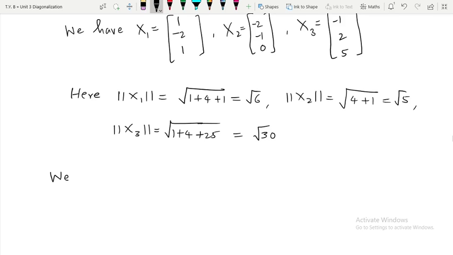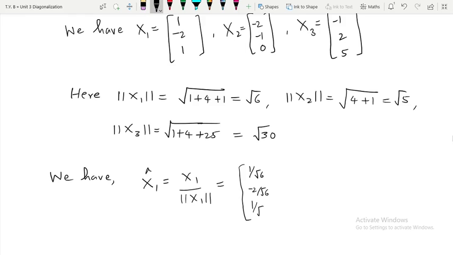Okay, so I will say we have my x1 cap, that is a unit vector corresponding to x1. x1 cap will be equal to x1 upon the norm of x1, and that will be equal to 1 upon root 6, minus 2 upon root 6, and 1 upon root 6.